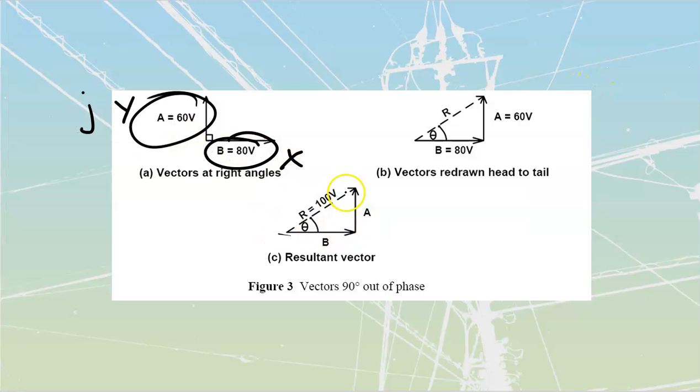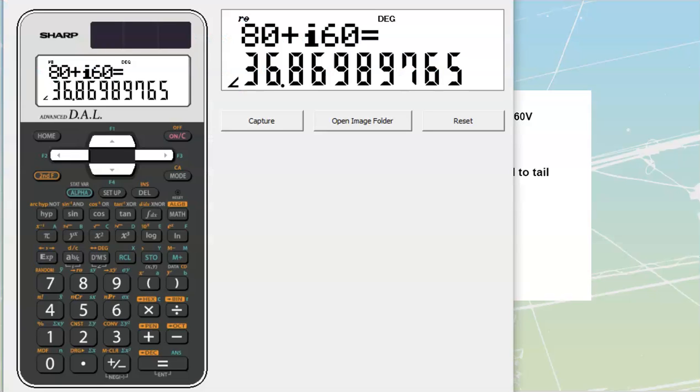So if you've got 90 degree apart components, you can just go and add them directly together. You don't have to put them in as 80 angle 0 plus 60 angle 90. You can. You'll get to the same result either way, but it's just one more method that you can use with this fantastic little Sharp calculator that you're given on every exam from this point forward, and you can use it to cut out a lot of the work that you have in front of you.